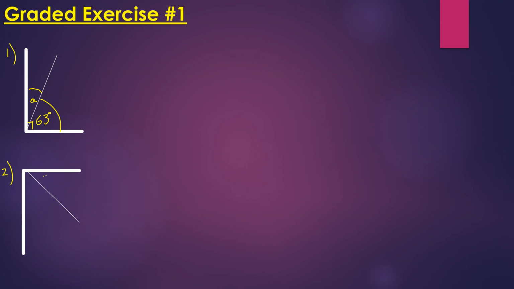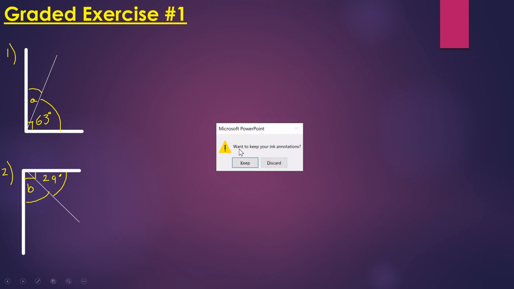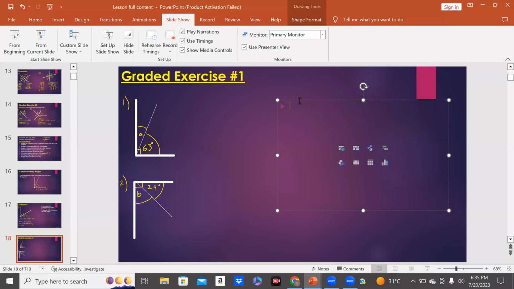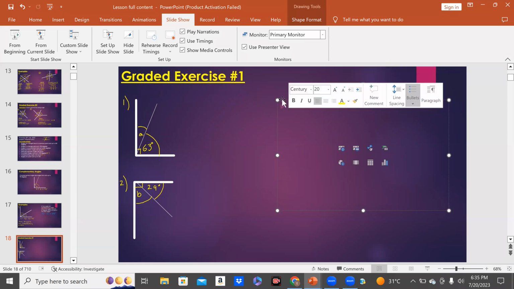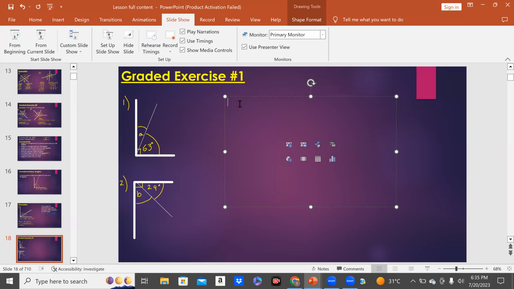So I say that this is 29 degrees. What is the value of angle B, if we know that this is 90? What is the size of the other angle?